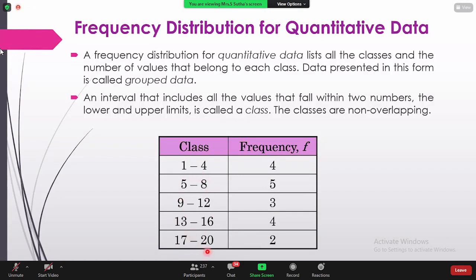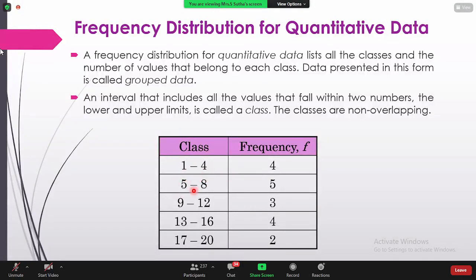These are the non-overlapping classes. How are we saying that these classes are non-overlapping? Because there is no common value between those classes. This interval includes only the numbers from 1 to 4.